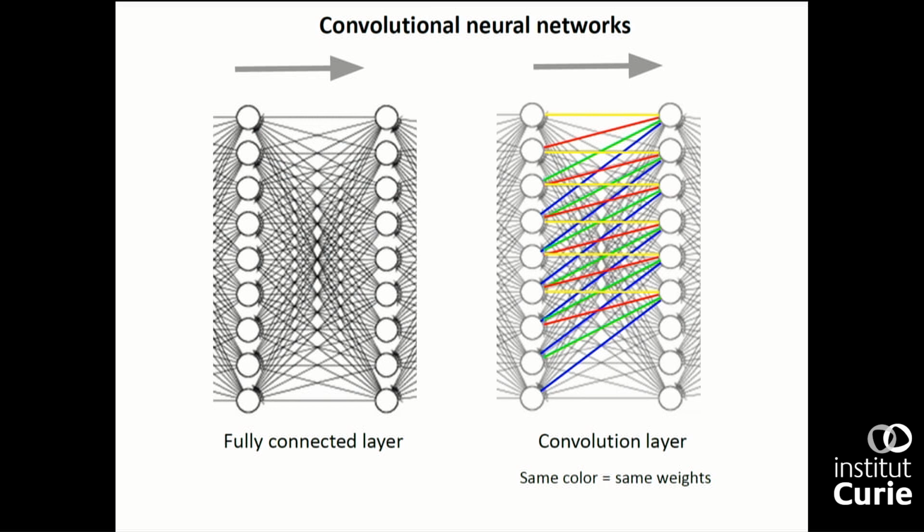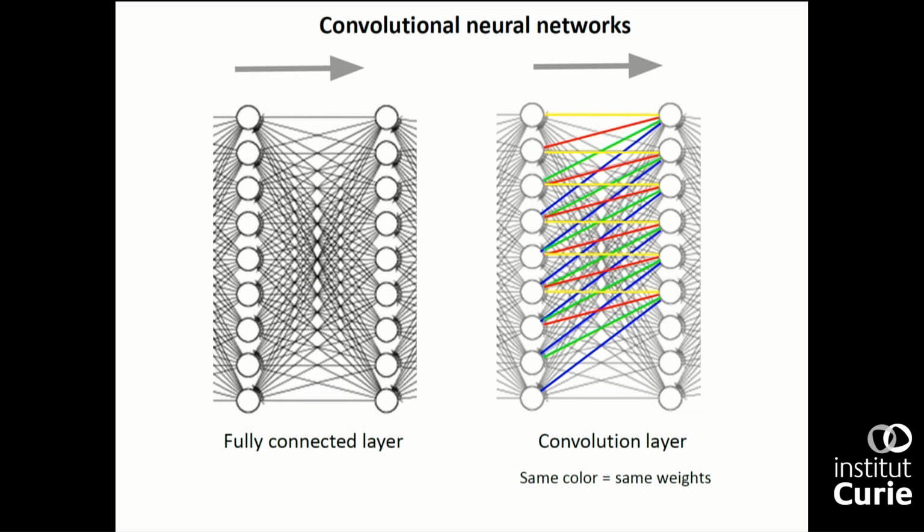These are called fully connected because all the neurons on one layer are connected to all the neurons in the upper layer. Convolution layers are the same, but much simpler. Instead of having all the connections, you just keep the connections between a certain number, here 4, of the first layer with one neuron of the upper layer.